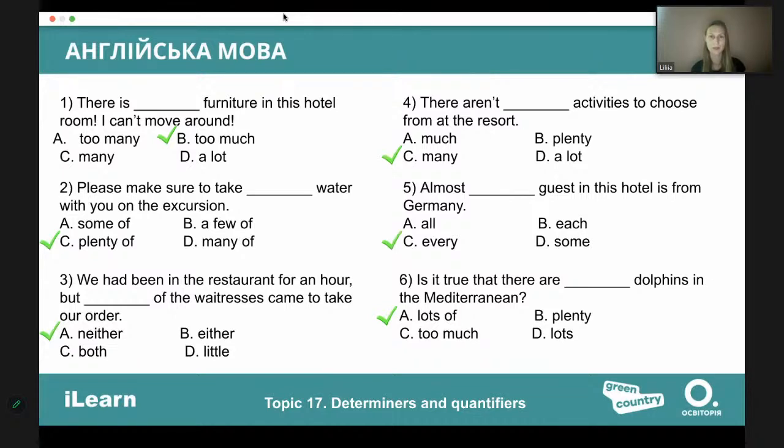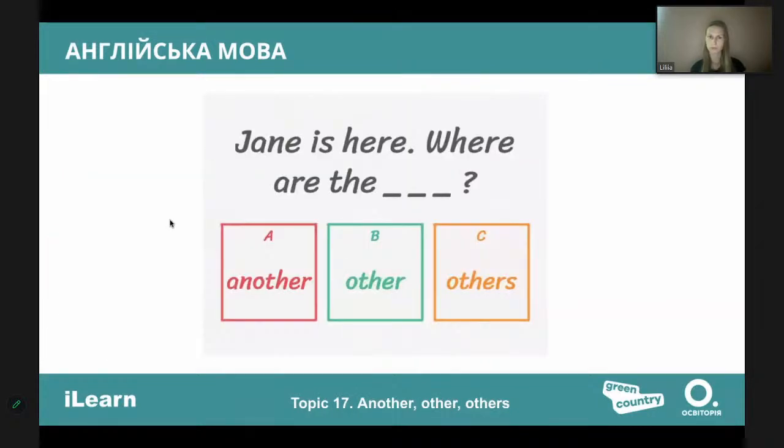Okay, so then, just one more question to you. Jane is here. Where are the others? What do you think? C, others. Where are the others?